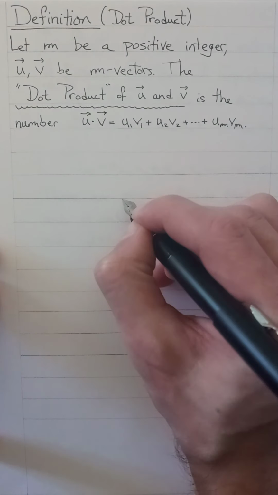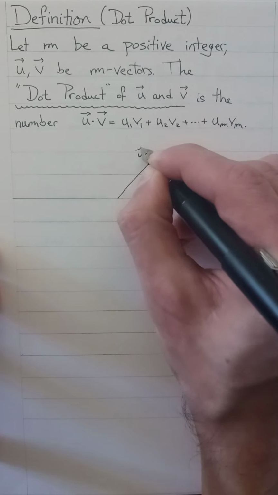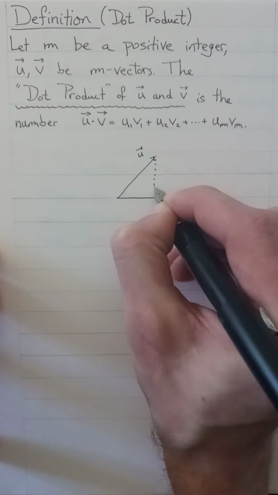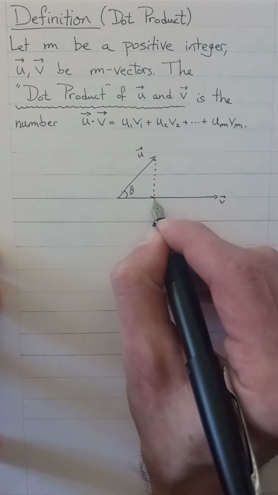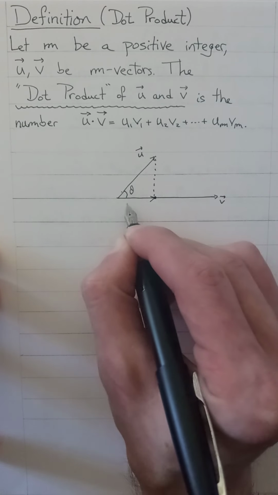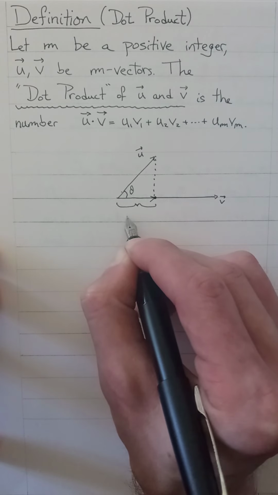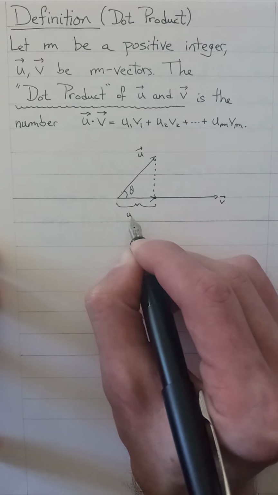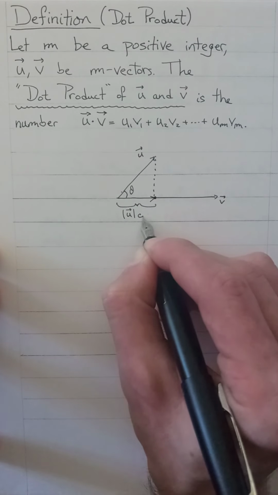And geometrically, if we had u and v, and they're separated by an angle theta, then this vector here, from here to there, is the magnitude of u, the length of u, times cosine of theta.